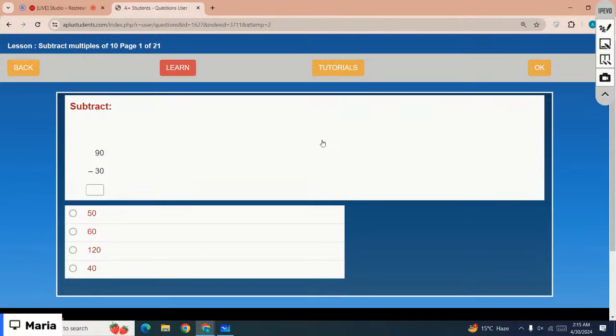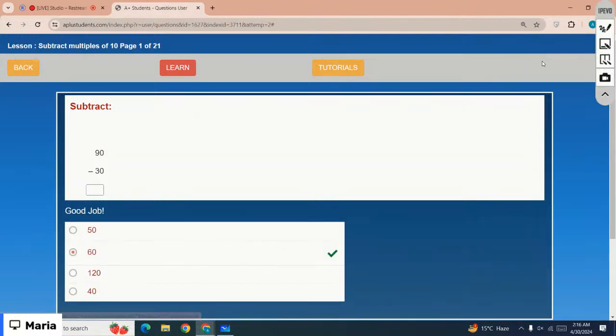90 minus 30 equals. 0 minus 0 is 0, and 9 minus 3 is 6, that is 60, right? Just subtract the non-zero values. 90 minus 30 equals 60. The correct option is 60.